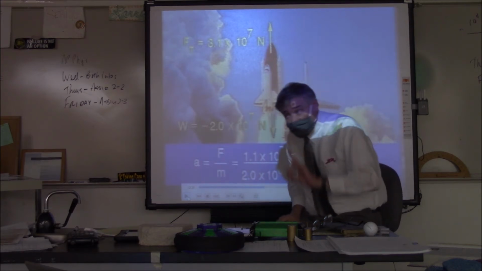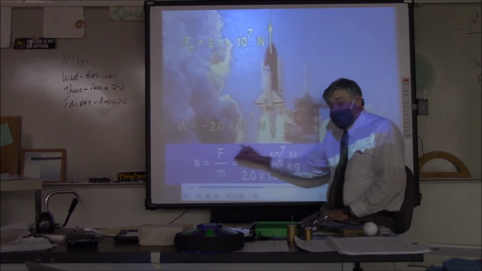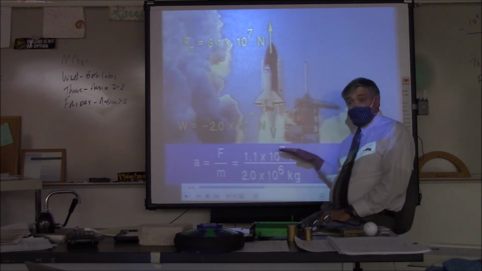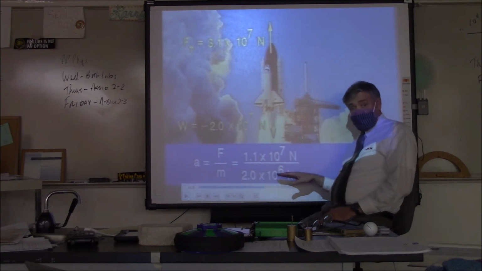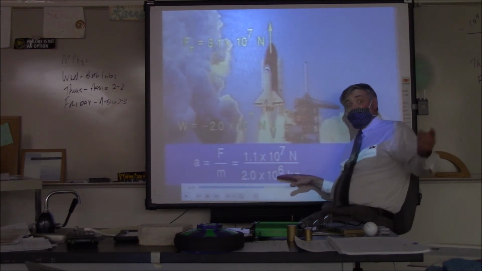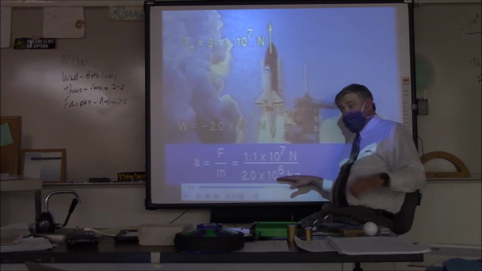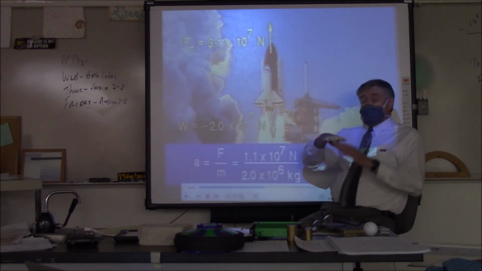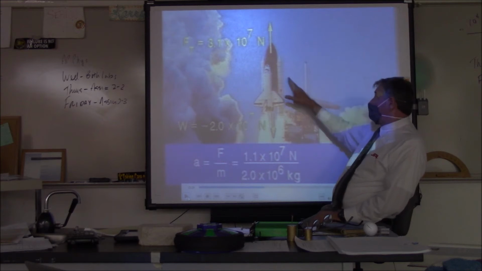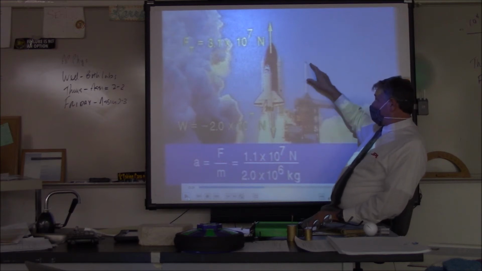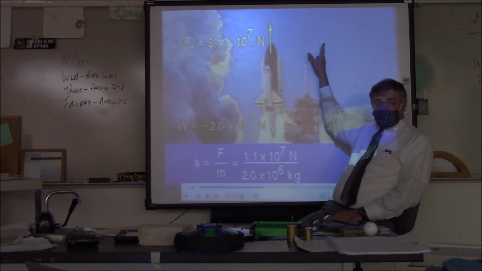So here's an interesting thing, though. I'm going to have a larger net force, right? So this number is going to get bigger. But what's going to happen to the mass that I divide by? It's going to become smaller. So if you look at an acceleration time graph, the acceleration time graph is actually going to be a quadratic function.